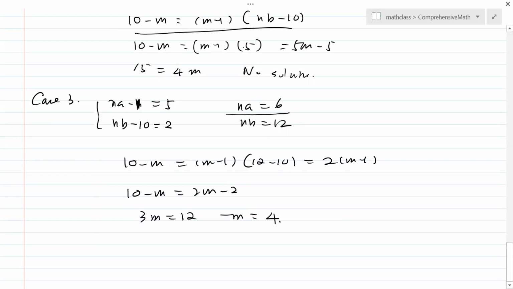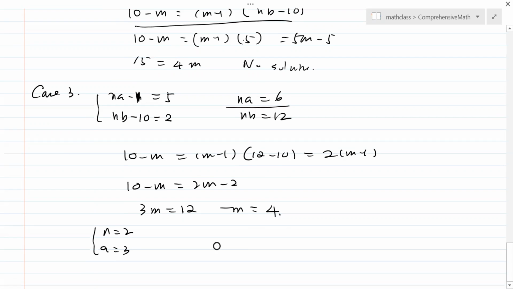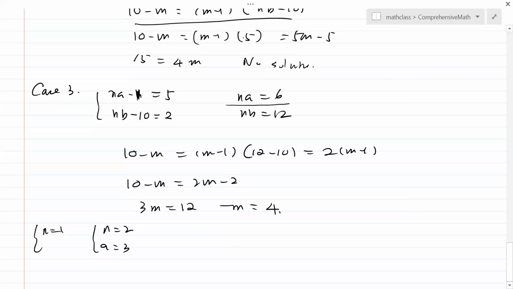So let's try n, a, b. N could be 2, a could be 3, that's the first case. N is 2, a is 3. Can n be 1 or not? N cannot be 1.